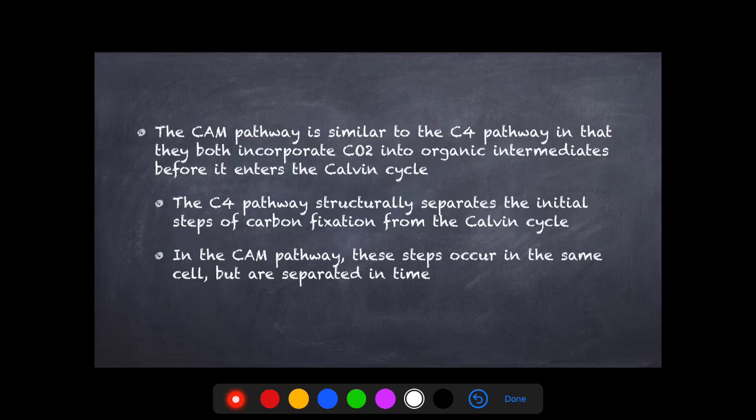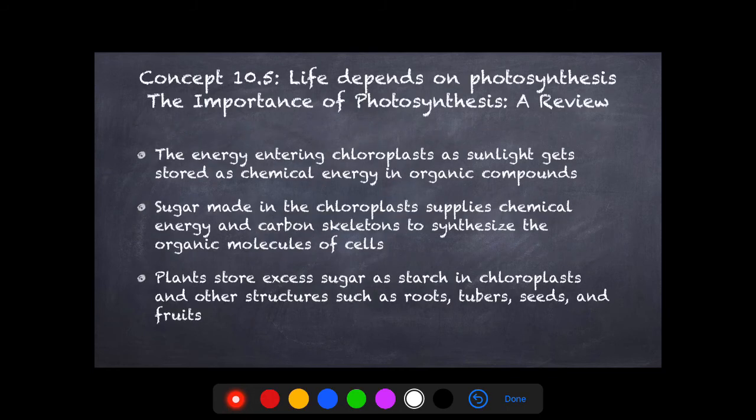In CAM plants, the steps for carbon fixation all occur in the mesophyll, but they occur at different times. So that's important for you to know, the difference between C4 pathway and CAM pathway.